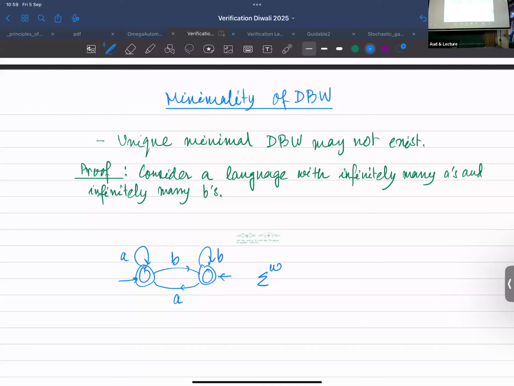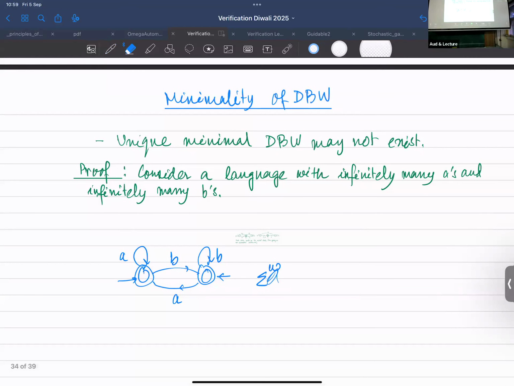And then if we are at A and we see a B, okay, so you are saying you would need three states. How is the transition? It has to be deterministic. Let's say there's a self loop of A and a transition on B which goes to that accepting state.